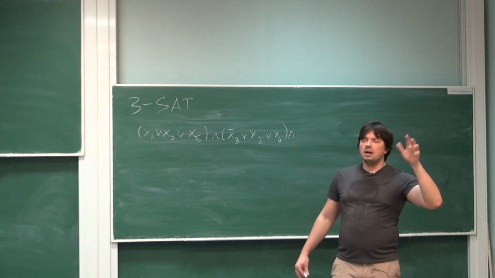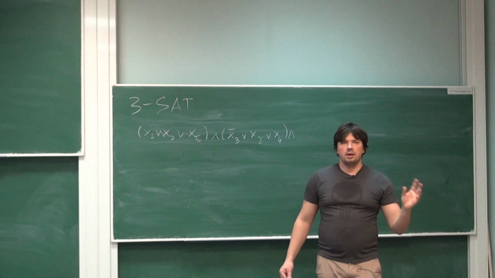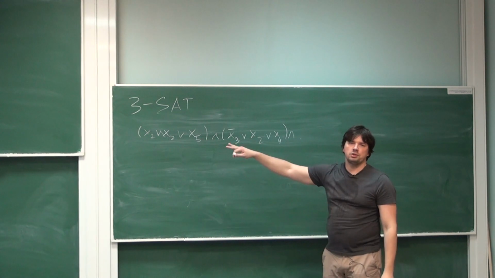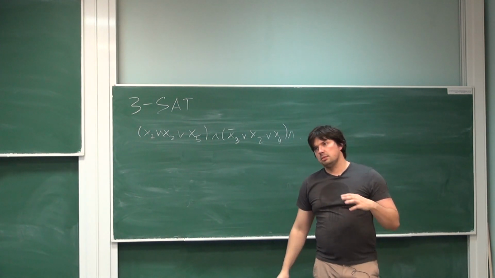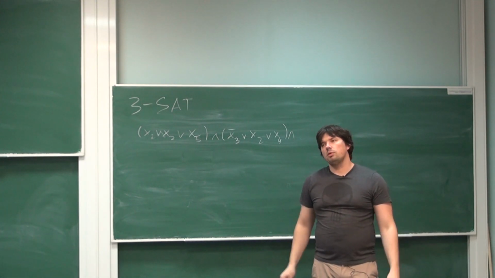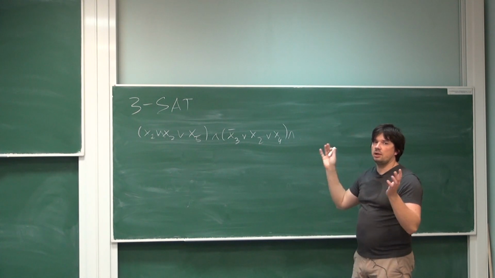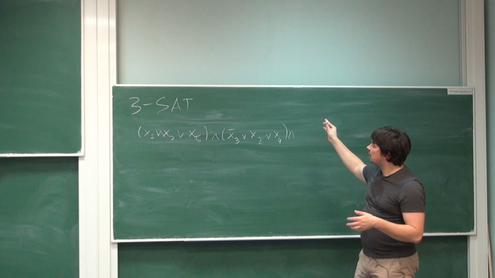When we're talking about exponential time algorithms, I will just ignore the small factors. We also need to actually evaluate the formula, which could be done in linear time in the size of the formula. The formula can be of size up to n cubed, because there are up to n cubed possible different clauses, right?